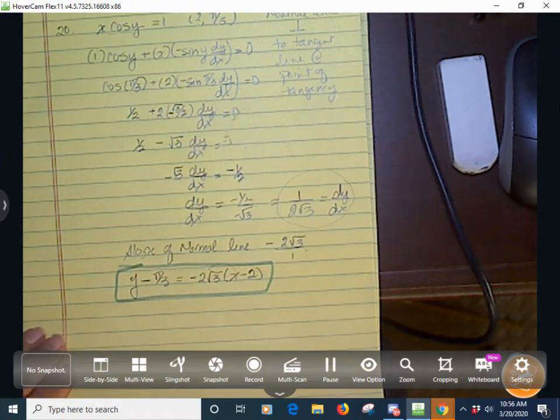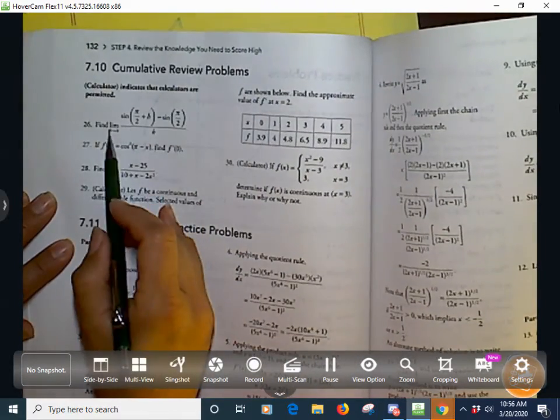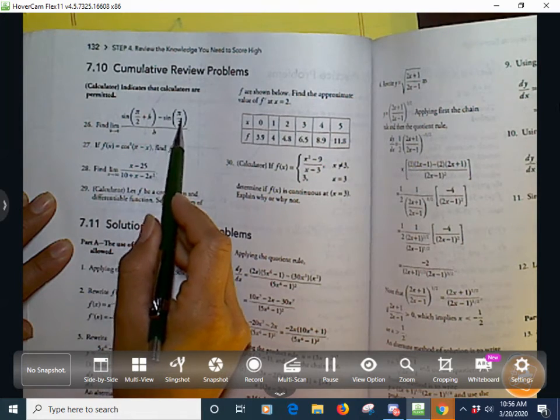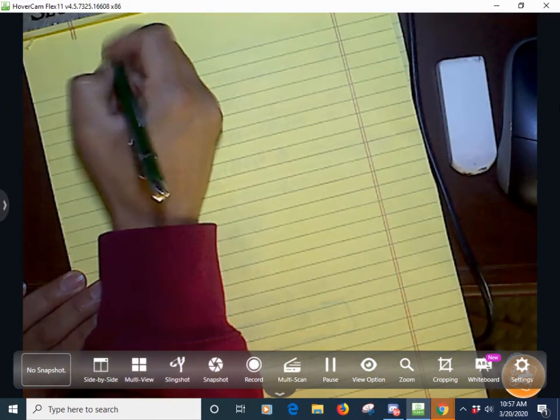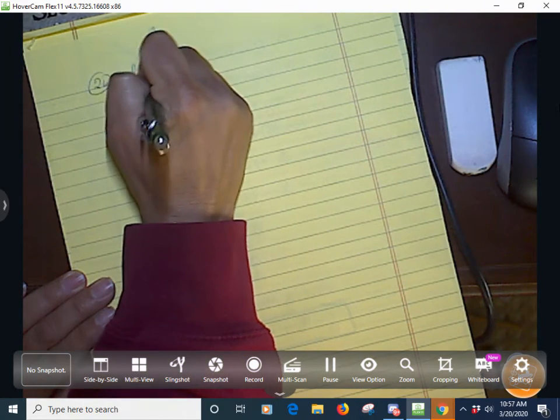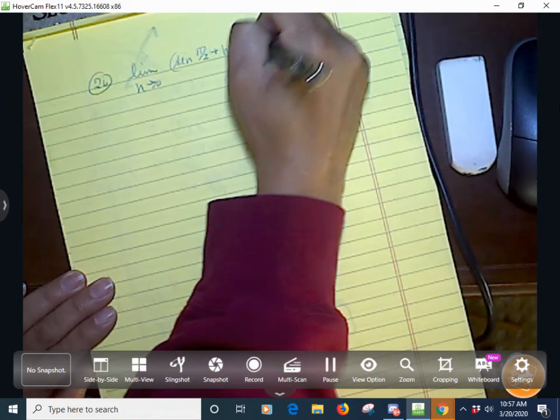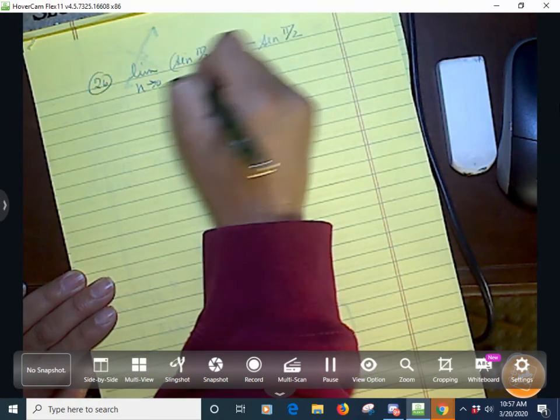And so now, number 26. Number 26 is this problem right here: the limit as h goes to 0 of sine of (pi over 2 plus h) minus sine of pi over 2, all over h.